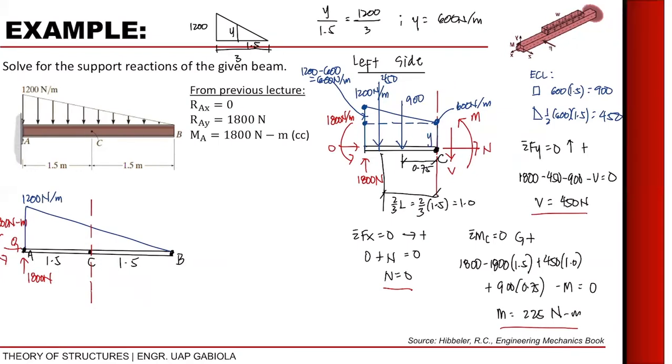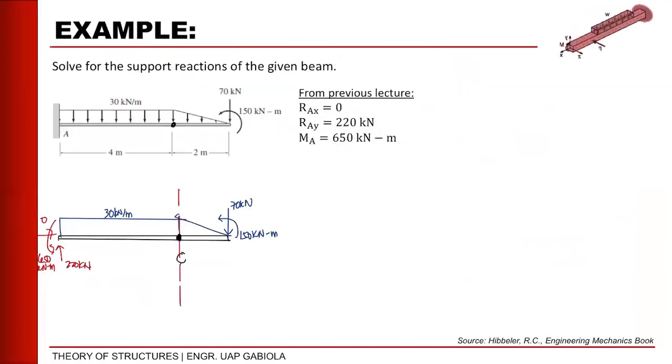So dito, i-apply natin yun. Sa left at sa right, ito left side natin, ito yung reactions natin. Meron tayong rectangular, meron tayong tatlong reactions. Tapos sa right side, meron tayo nito. So, depende sa inyo kung saan kayo mas madadalian, pero try natin right side lang yung kakalculate natin. So, right side tayo.